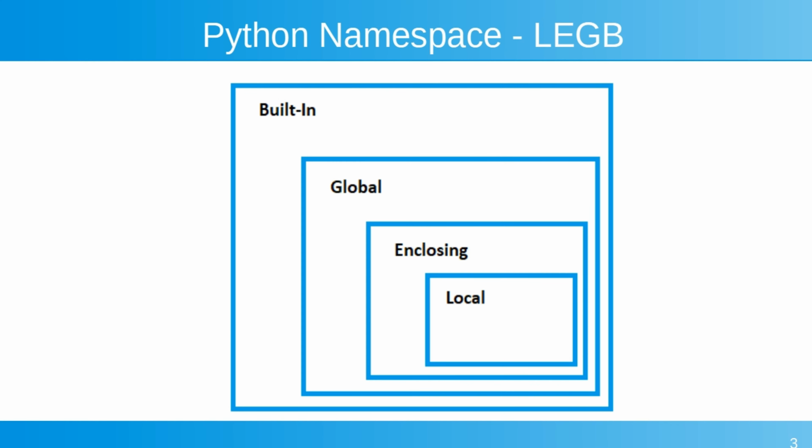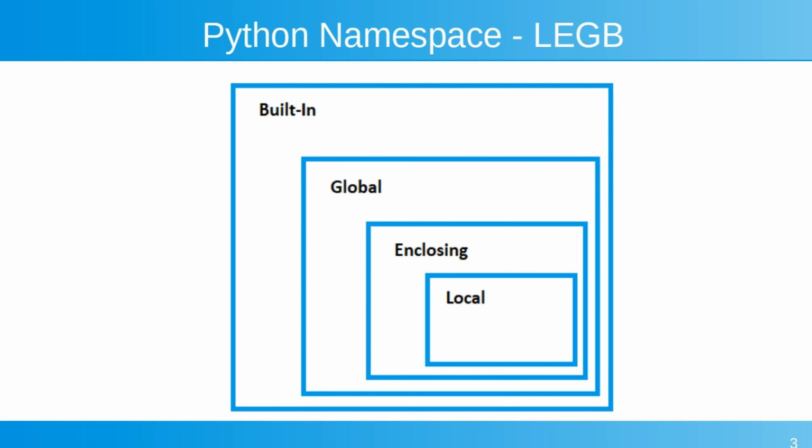And if you consider global, it has some set of objects available with it, as I explained in the car variants. Each variant will have some features, so similarly each namespace will have some set of objects available. Like that, you will have some objects available in the enclosing namespace, and finally in the local namespace you will have whatever is available in the local scope.